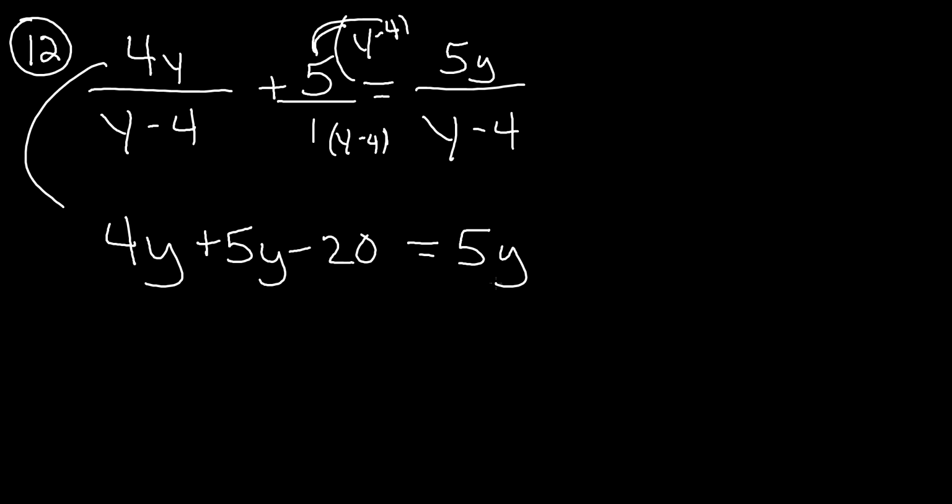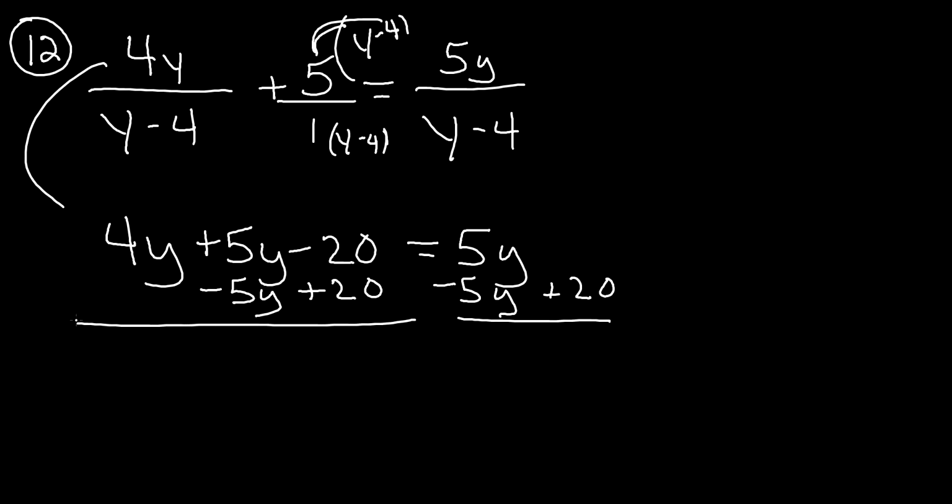All right, so now I'll solve for y. I can subtract 5y from both sides and add 20. I'll do it at the same time if you don't mind. I bring down my 4y.